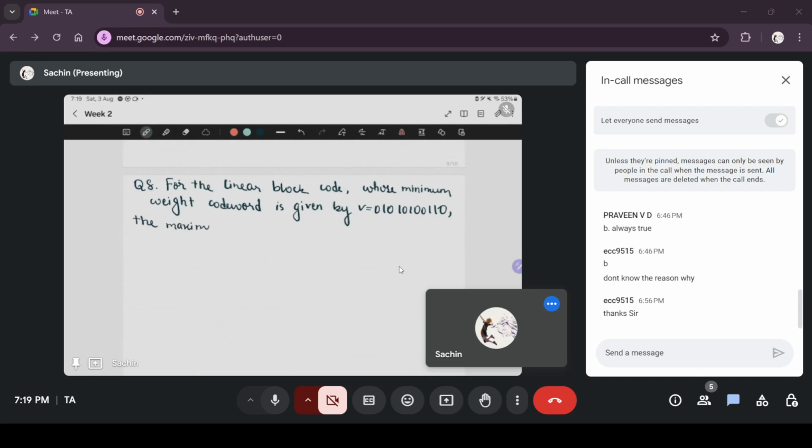The maximum number of erasures corrected by the code is.